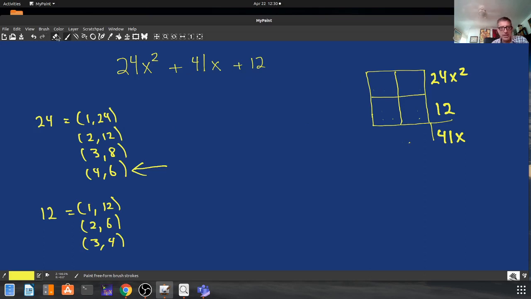So I tried that, so let's try 2 and 12. 2x, 12x. So down here, let's do 3 and 4. Well, 12 times 4 is 46, so that's not a good choice. Let's try 4 and 3.